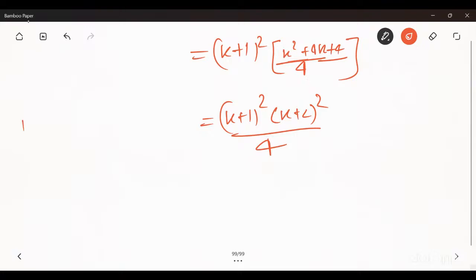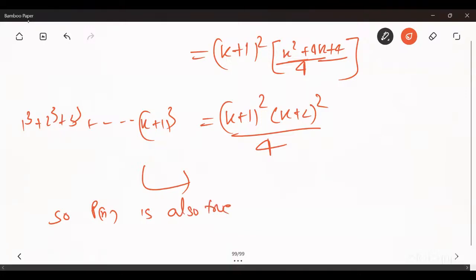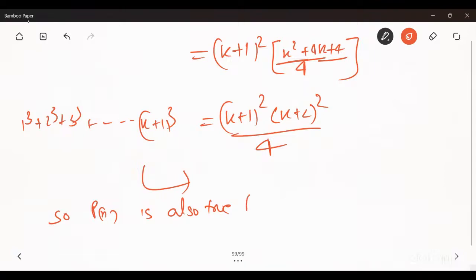And here 1 cube plus 2 cube plus 3 cube plus dot dot dot k plus 1 whole cube. That means Pn is also true for k plus 1.